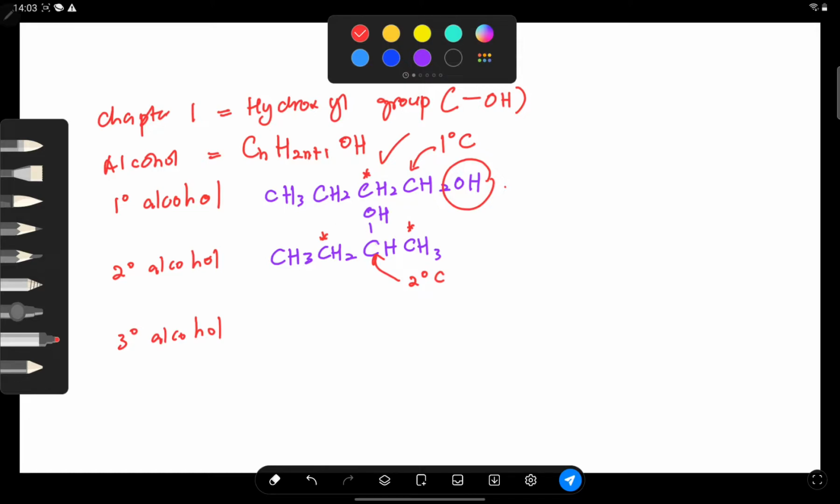When this secondary carbon is attached to the hydroxyl group, it will become a secondary alcohol.